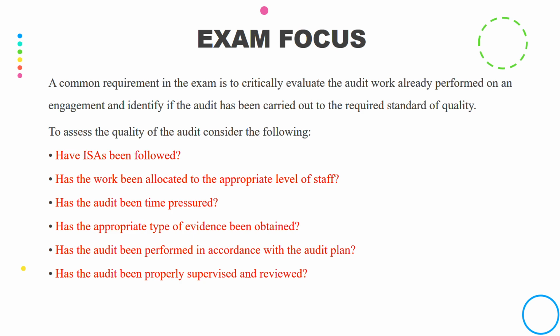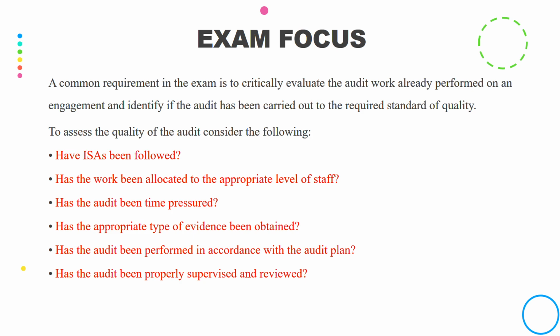Number 2, has the work been allocated to the appropriate level of staff? That means the one who has the experience and knowledge for that work, or someone who does not have the experience or knowledge? Has the audit been time pressured? Because if the audit is time pressured, maintaining quality is very tough.